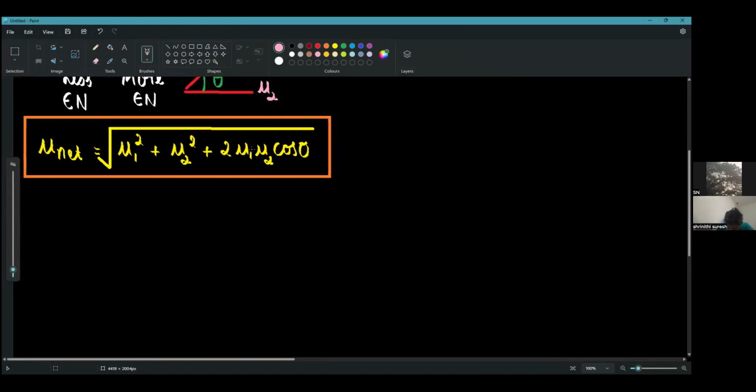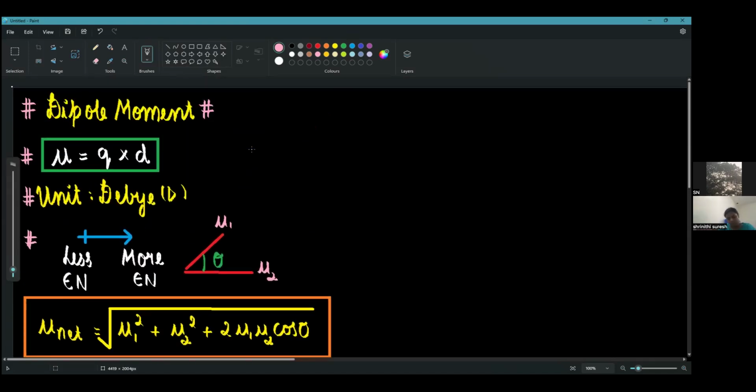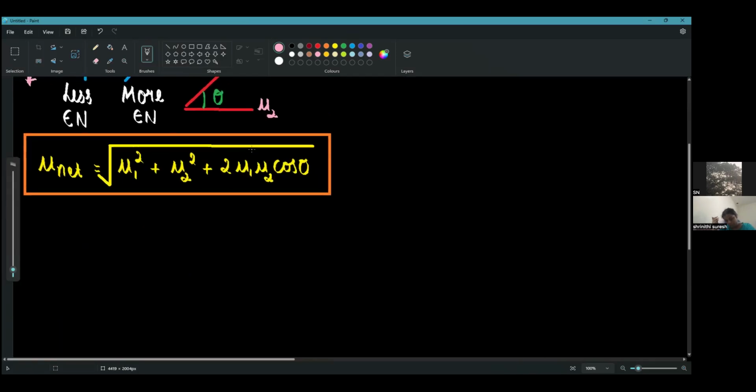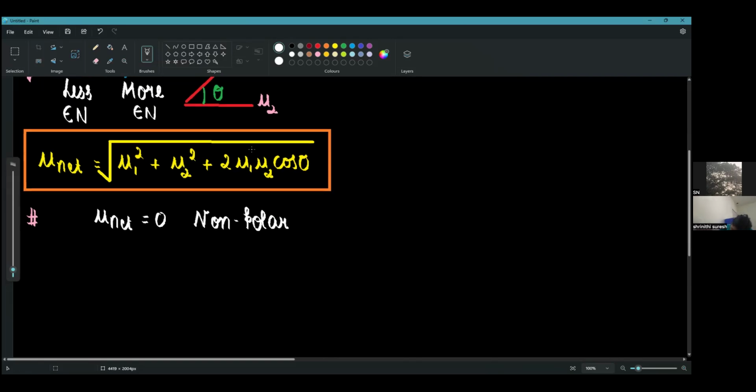Now one of the most important applications of dipole moment says that if the net dipole moment is zero, then the molecule is non-polar.